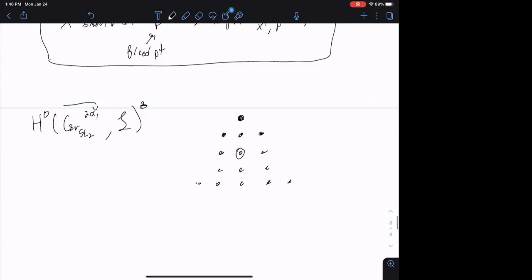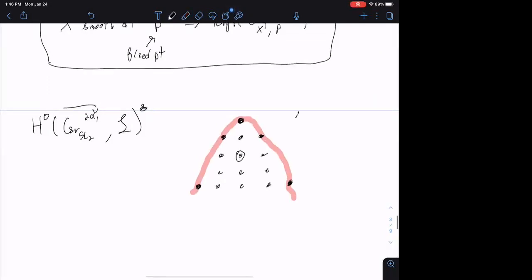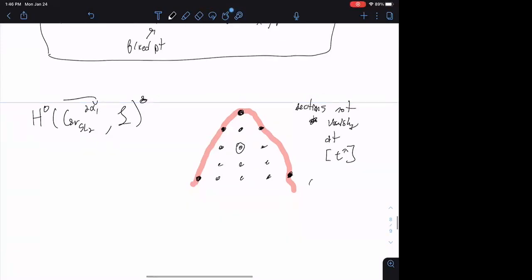Each of these top sections can be described as sections not vanishing at some t lambda. In particular, this point right here corresponds to a section not vanishing at t 2 alpha 1 check, but vanishing at all the other T fixed points.